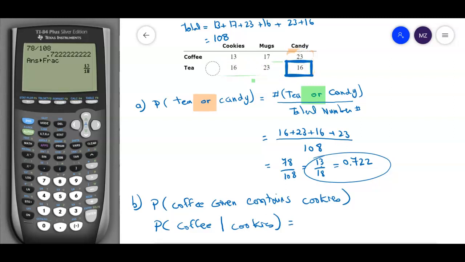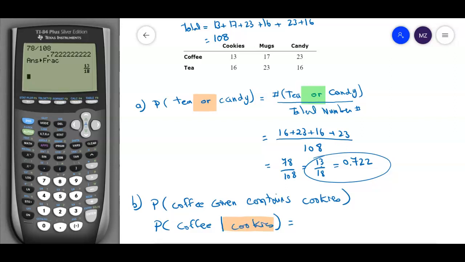Actually, if I have the chart here, so I'm clearing the chart. Let me take the 16 away here. All right, so how can I do this one? Again, if you keep in mind that this is cookies, you are right now changing your universal set into cookies.